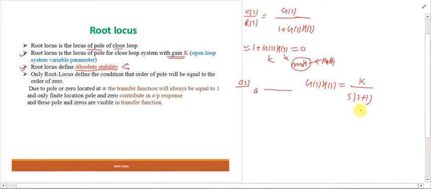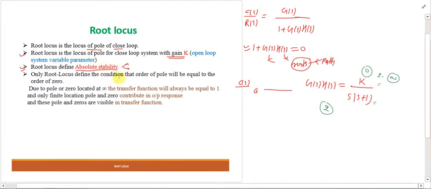The number of poles in this transfer function is 2, and the number of zeros is 0. But we assume that there are 2 zeros at infinity, so the number of poles and zeros are equal. That is mentioned in our third line here.